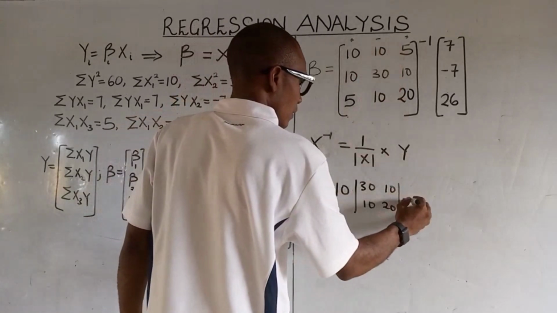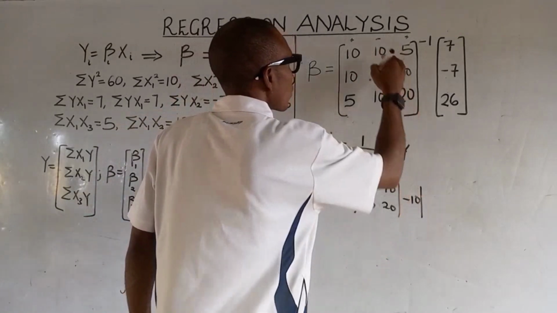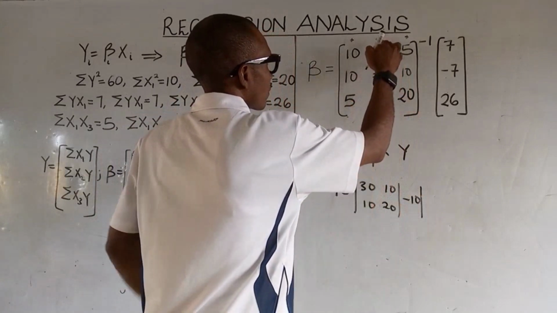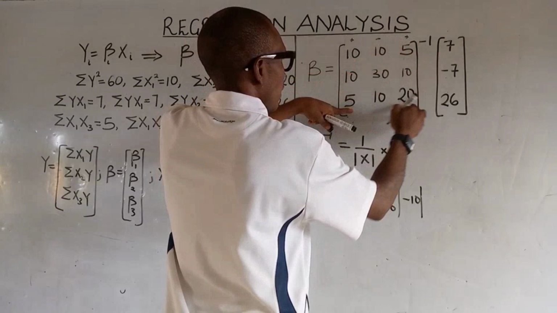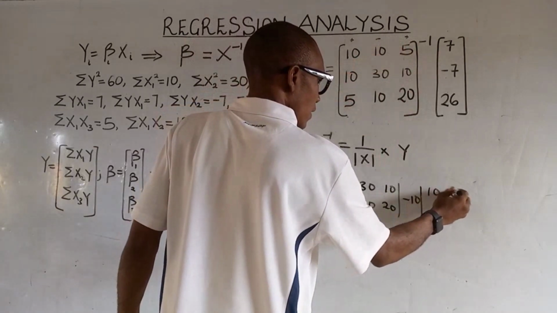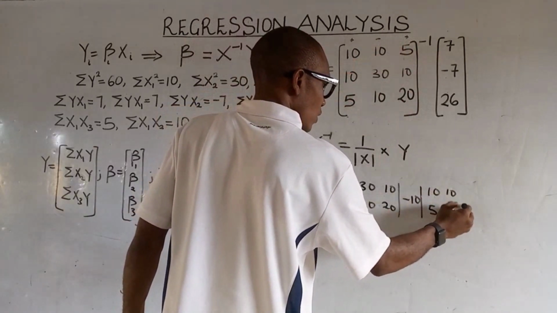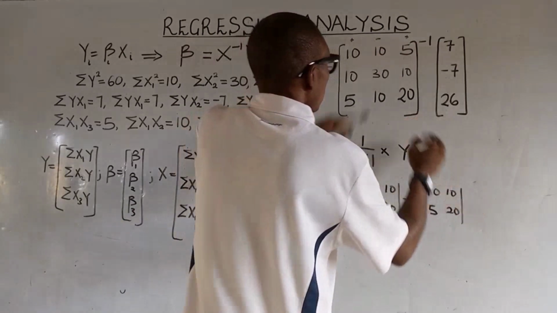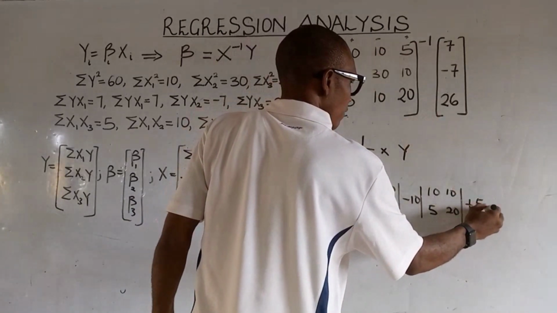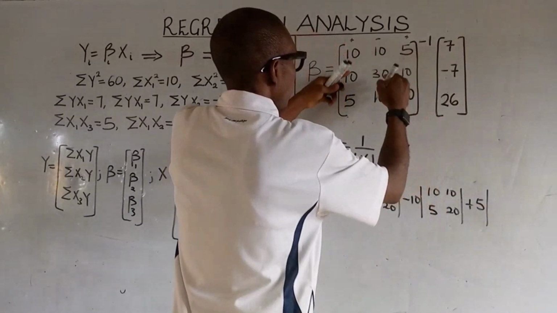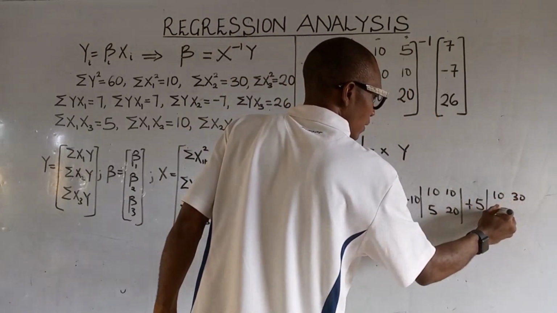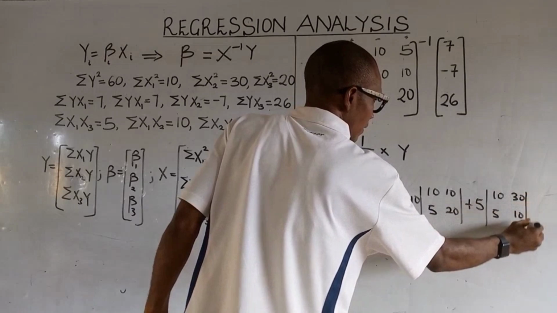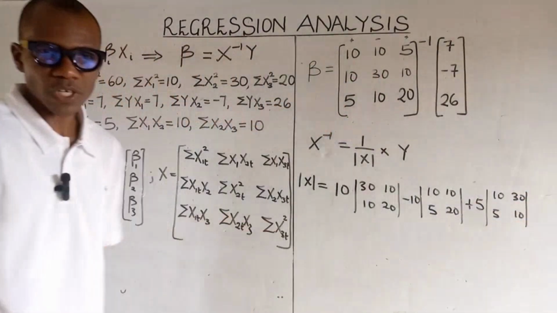Minus 10 again, we cut this: 10, 10, 5, 20. Plus 5, you have 10, 30, 5, 10. So this is what we'll get.